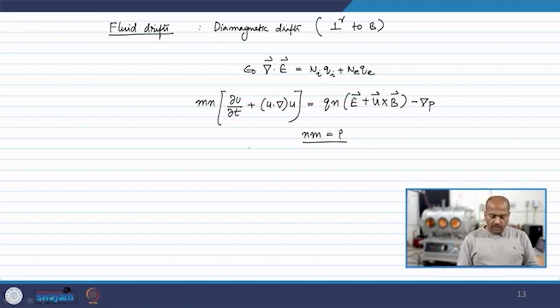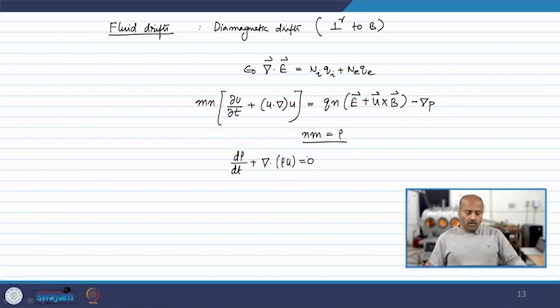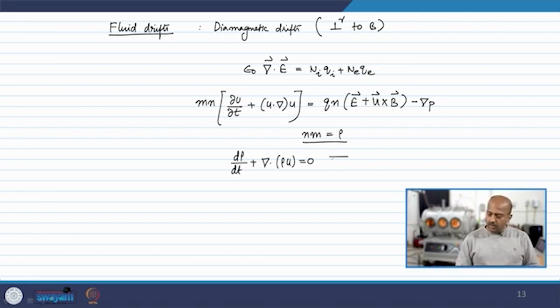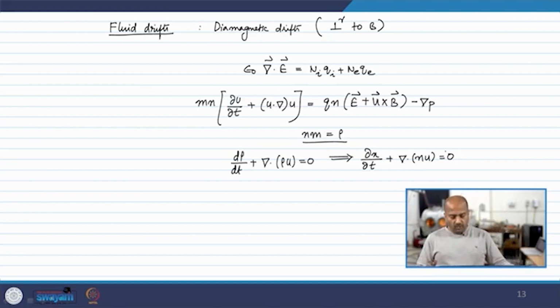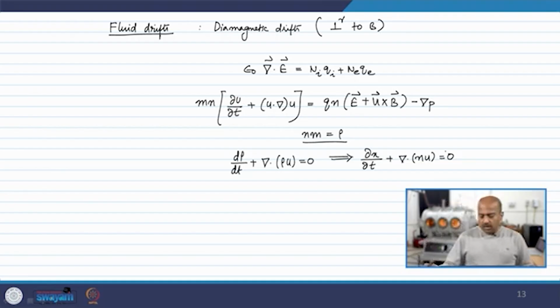In addition we will also need the continuity equation, which is d rho by dt plus del dot rho u equals 0. This is for the electrons, or we can write it in terms of a partial derivative as dou n by dou t plus del dot nu equals 0. So, we are considering the plasma as a mixture of two interpenetrating fluids, one electron fluid, another ion fluid.